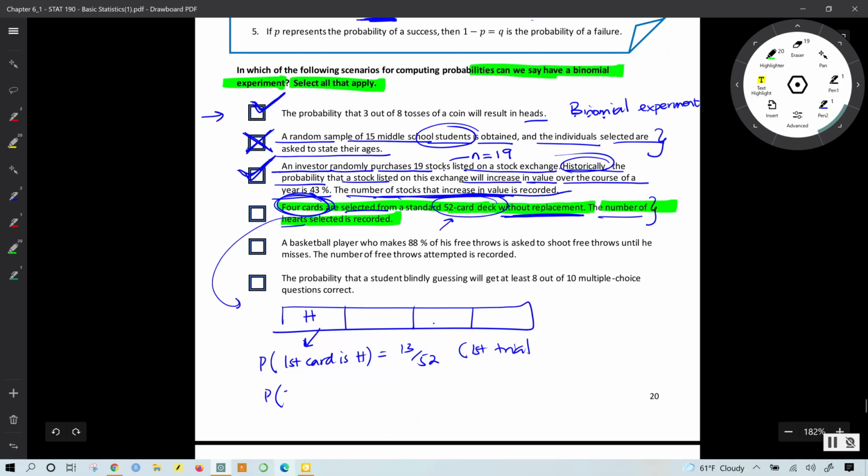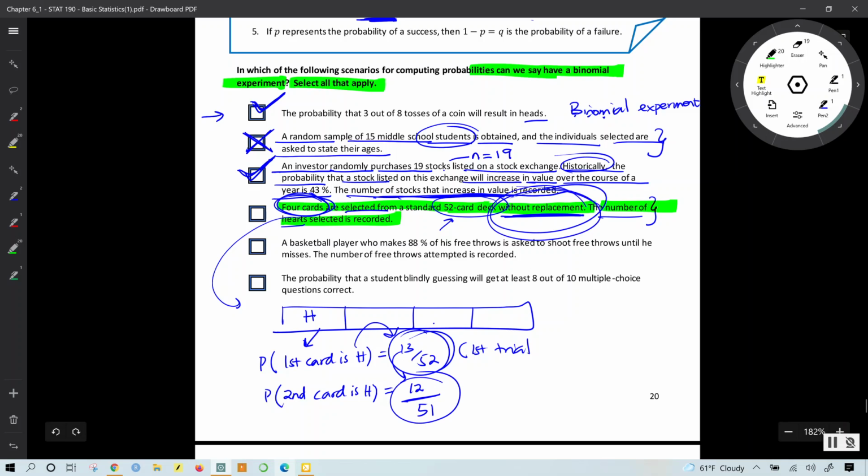But for the second trial, the probability that the second card is a heart is no longer 13 out of 52. Why? The cards were selected without replacement. If I selected a heart on the first pick, I am now down to 51 cards, and the number of hearts has gone down to 12.